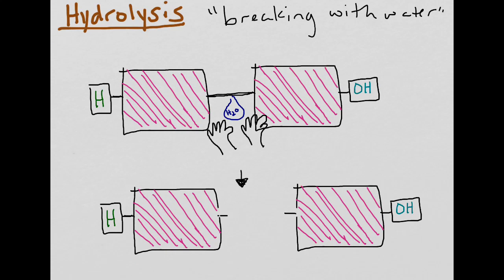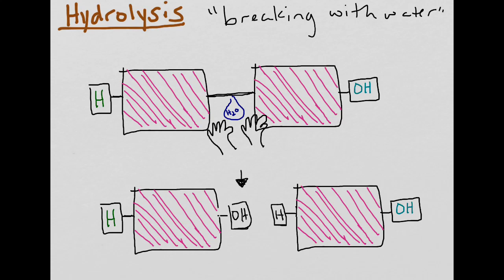And when that happens, it's going to break the bond between the two monomers, and H2O is going to be split, and we will get an OH attached to this monomer, and a H attached to this one, a hydroxyl over here, and a hydrogen group over here.